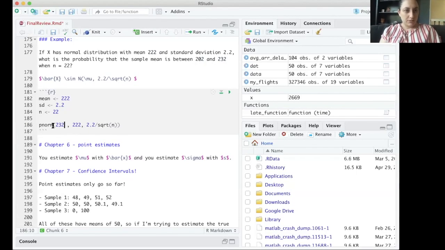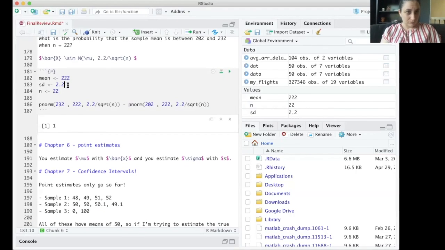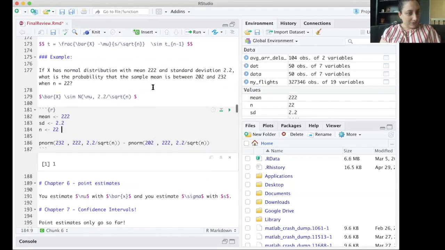So 232, 202. Oh, apparently I made my range so wide, it's very sure it's going to be in there. But this is what happens when you make up examples on the fly.